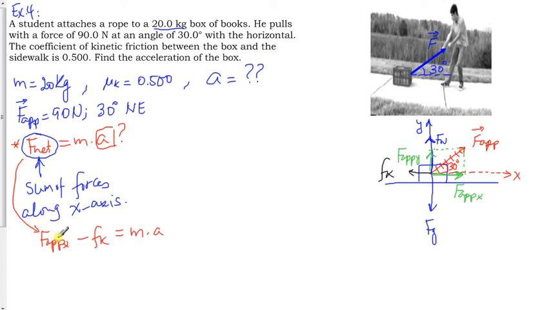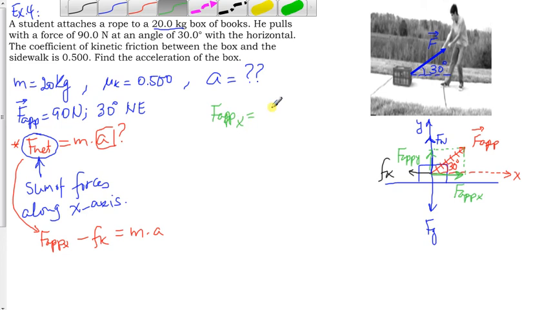Now, F applied x and F applied y, how can I find them? Yes, using the component equations, Fx equals F cosine theta, Fy equals F sine theta. So F applied x is equal to F applied times cosine theta. Theta here is 30, so it's 90 cosine 30.